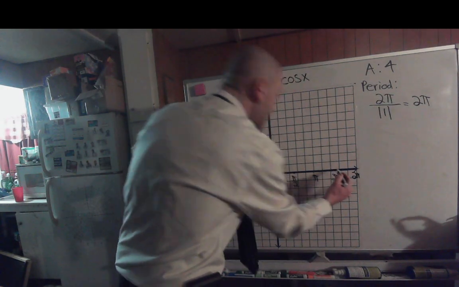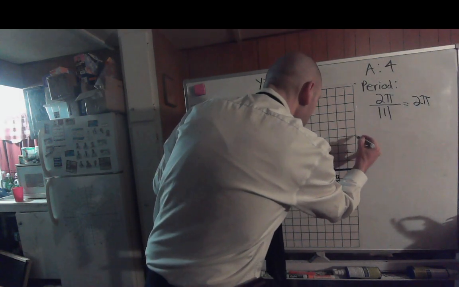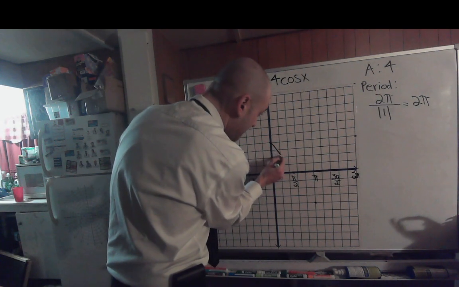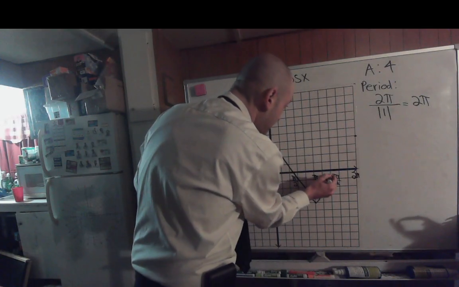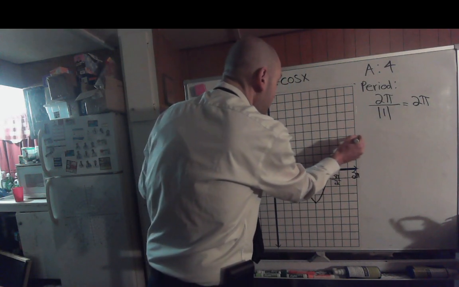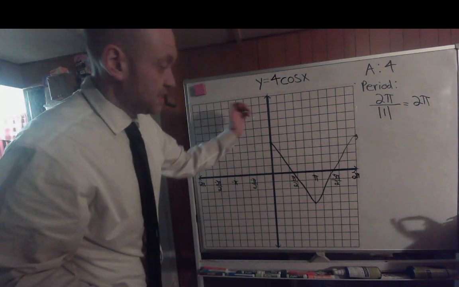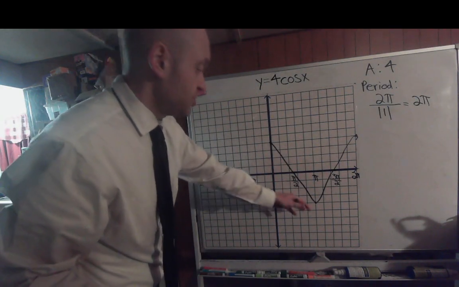And then the cosine of 2 pi is 1 times 4, which is 4. So let's draw this bad boy. Look at that. That is a huge change already.